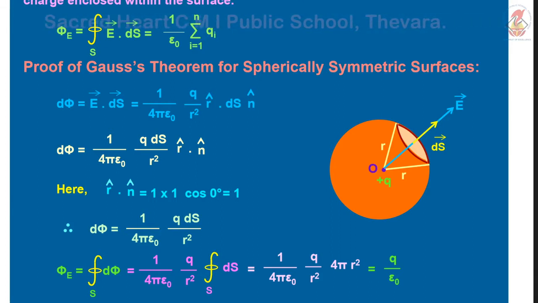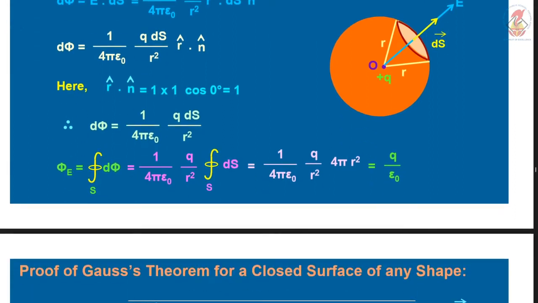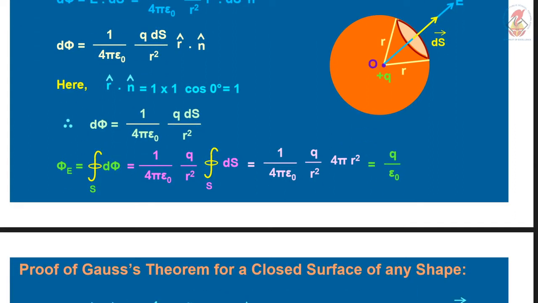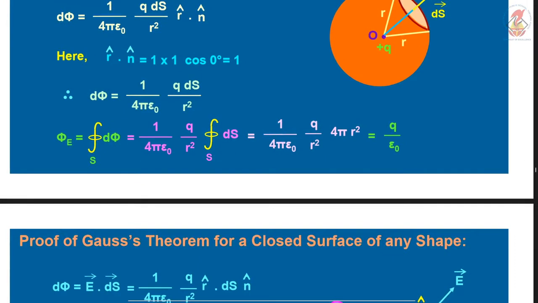Both of them are unit vectors, and as I told, vector E and vector dS are in the same direction. Theta is 0 and cos 0 is 1. So that dot product of unit vectors becomes 1. Therefore the answer becomes d phi is equal to 1 by 4 pi epsilon 0 q into dS by r square.